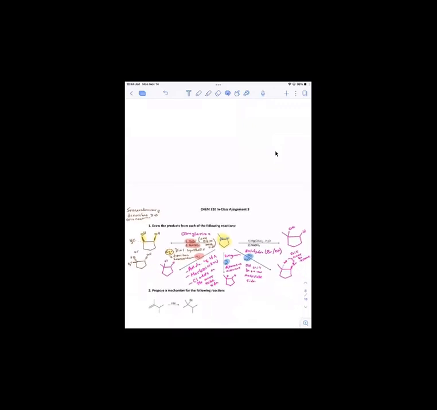So again, now you got 1, 2, 3, 4, 5 reactions that you can make flashcards for. Really 6, because we did hydroboration oxidation as well. No questions.